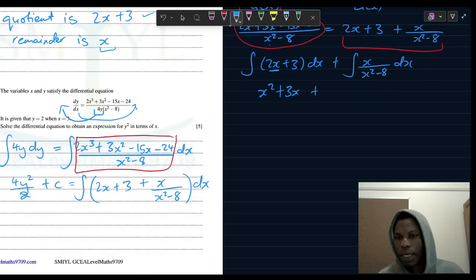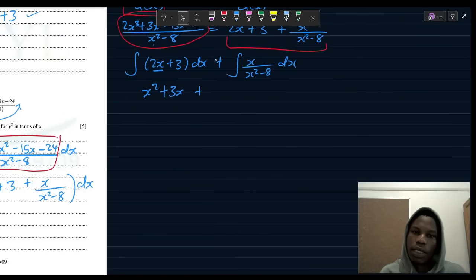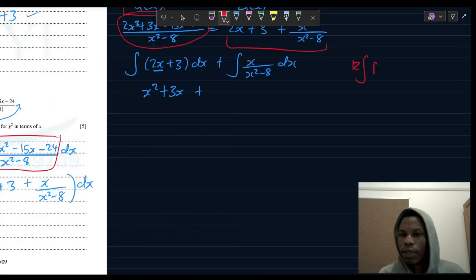Plus, now here, what we want to use is the idea that k, the integral of f prime of x over f of x with respect to x, is equal to k, the natural logarithm of f of x.